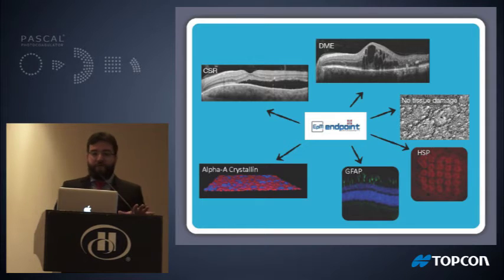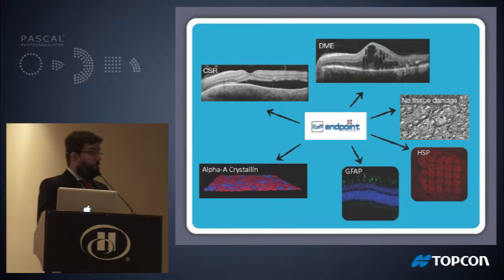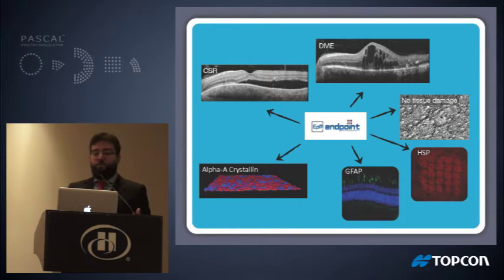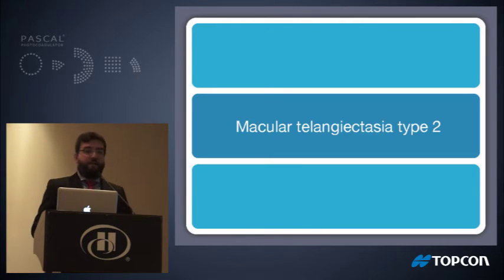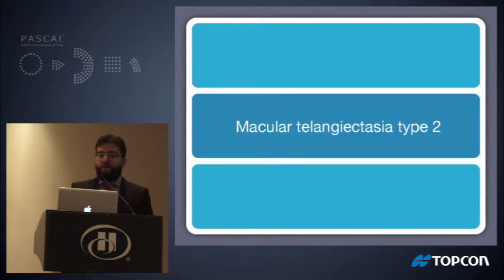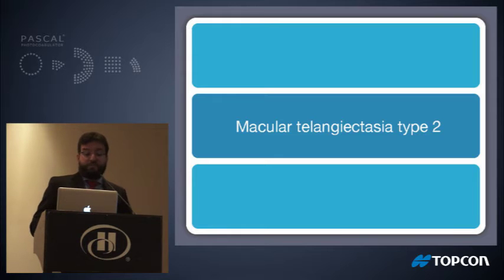So what we have so far are results in CSR and DME, and this basic science. So which other diseases can we treat? We're starting to treat MacTel type 2, macular telangiectasia type 2, which is a Müller cell disease, with inner retina damage and then outer retina damage.